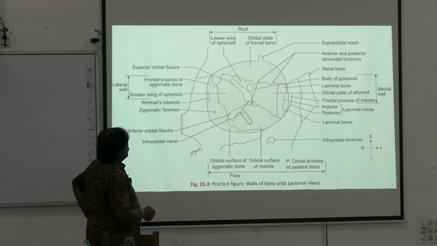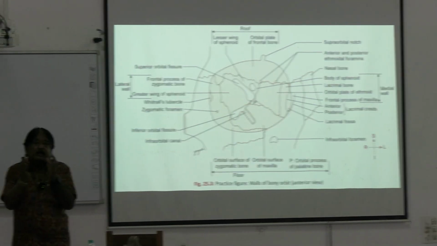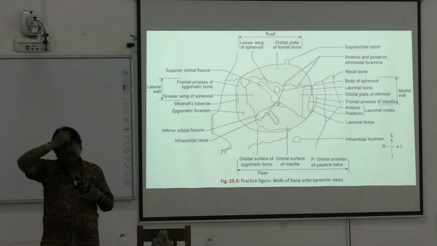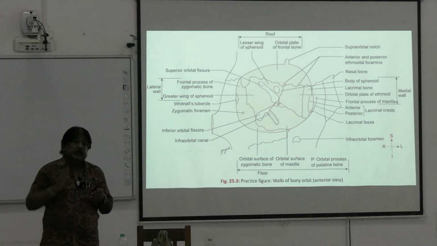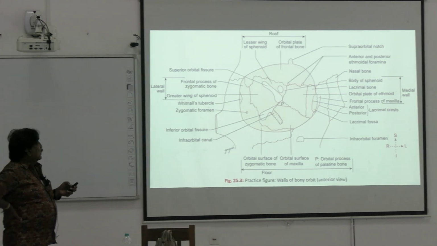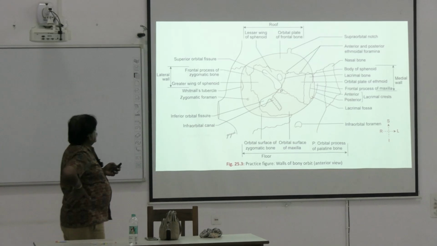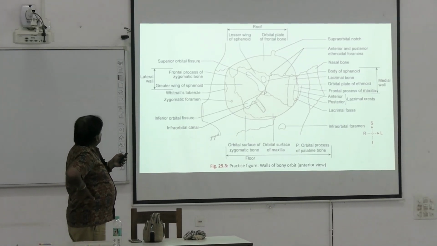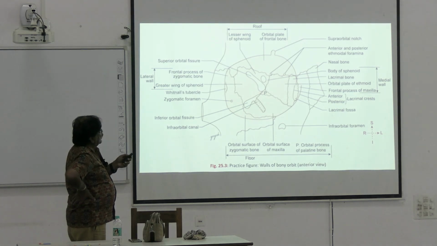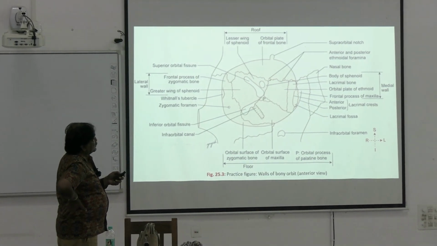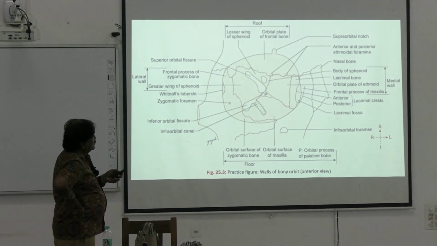Now, all these bones are contributing, not the parietal bone or the occipital bone. You can see the sphenoid, the zygomatic bone and body of the sphenoid, the orbital plate of ethmoid bone also contributes, and the frontal process of maxilla.